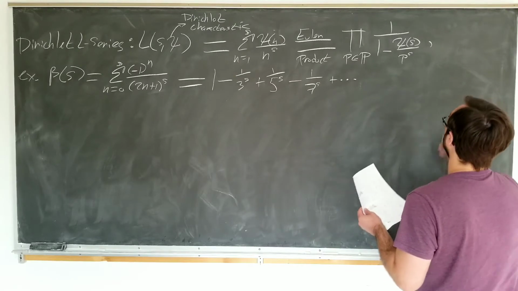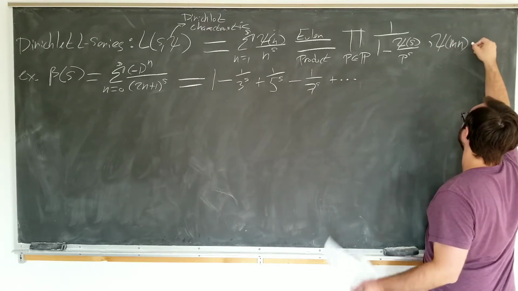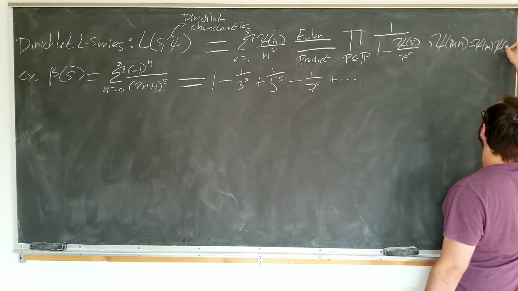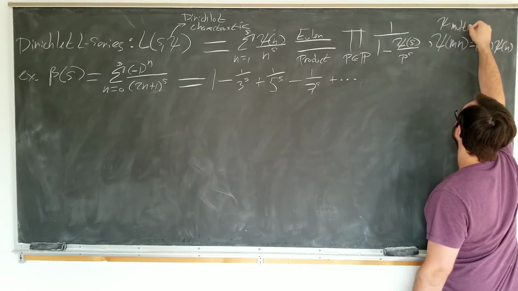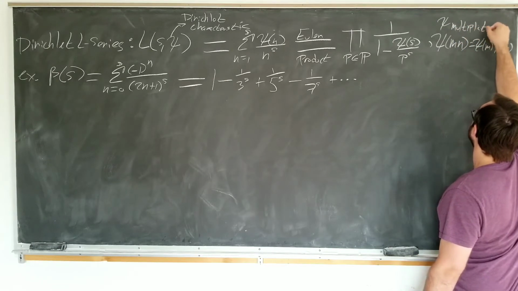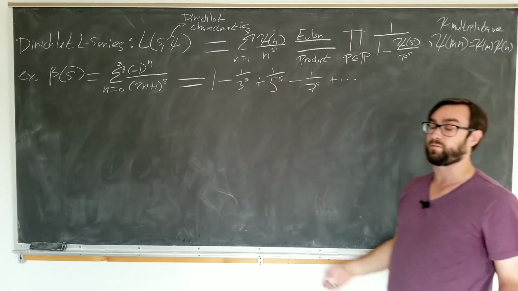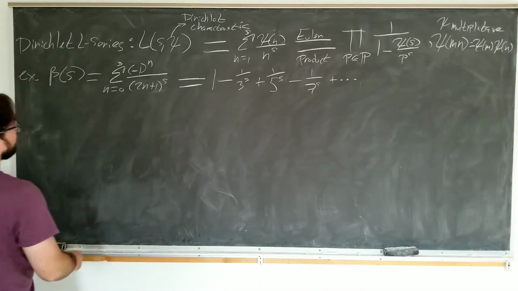We need to have chi multiplicative. So chi of mn is equal to chi of m times chi of n. This means that chi is multiplicative, which is a pretty easy condition to satisfy since it'll involve primes and so forth typically. All right, let's get started.